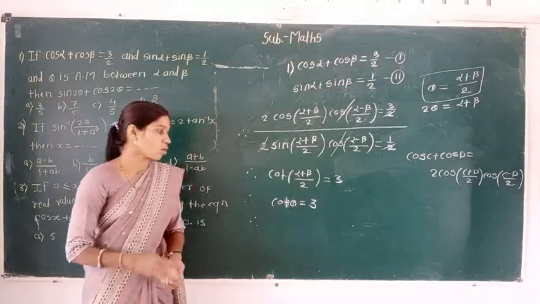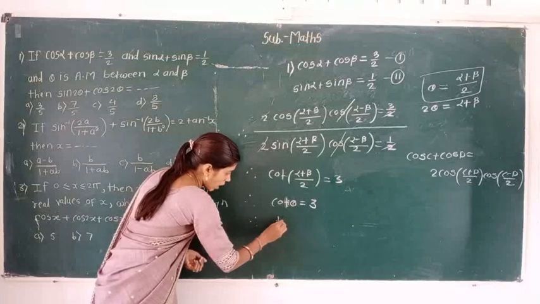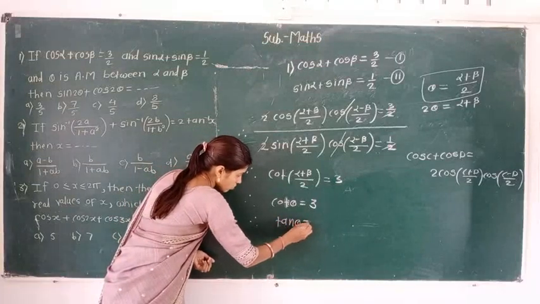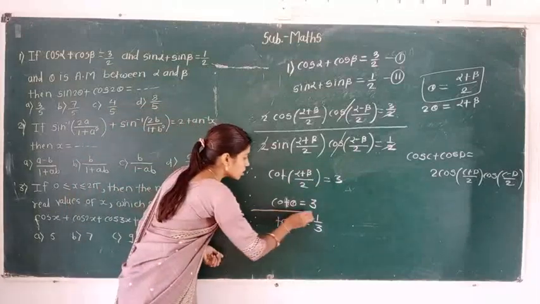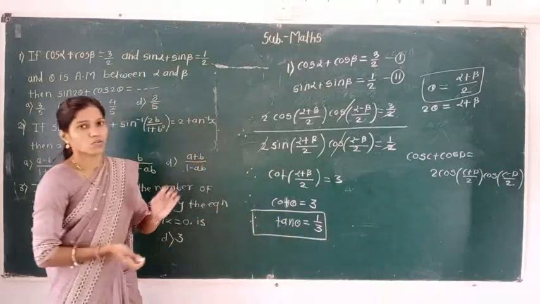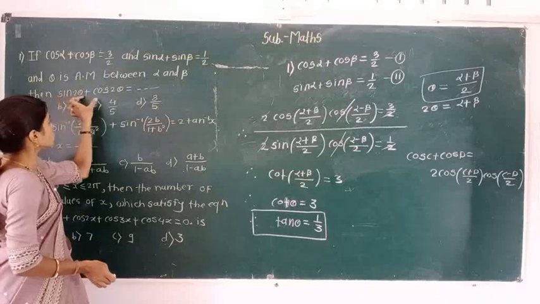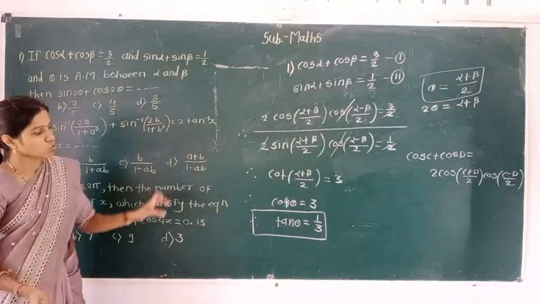Cot is the reciprocal of tan, so tan theta is 1 divided by 3. Having found theta, we have to find the value of sin 2 theta plus cos 2 theta.